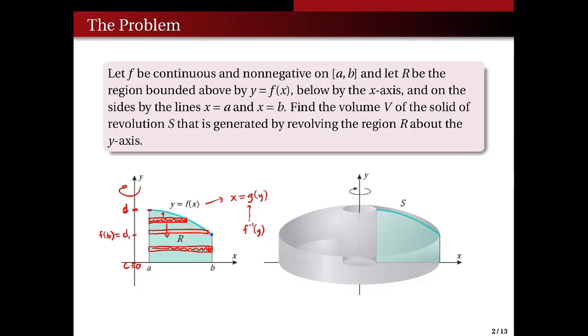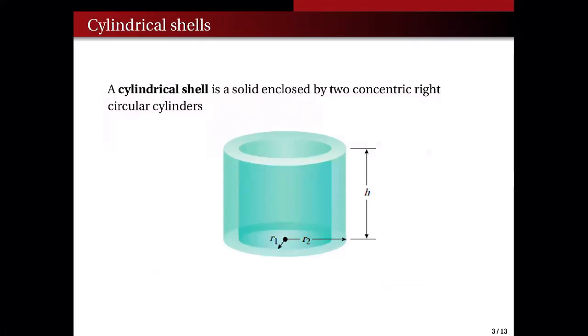So what is a cylindrical shell? A cylindrical shell is a solid enclosed by two concentric right circular cylinders. You have the right circular cylinder in here, the smaller one, and then there is a larger one. So it's the solid in between them. It's a shell.